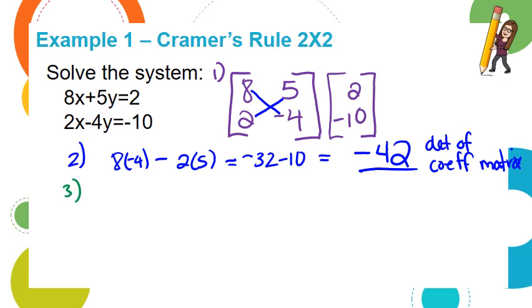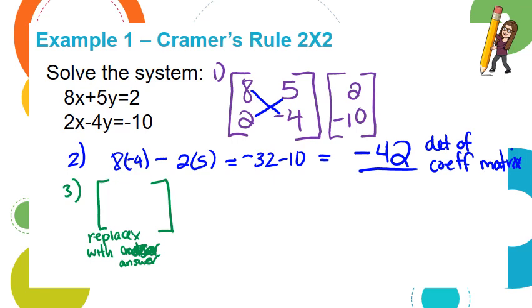Step 3. Okay, we want to find x. So we're going to replace our x's, meaning our first column, with our answer matrix. So that means, sorry, really bad writing there.